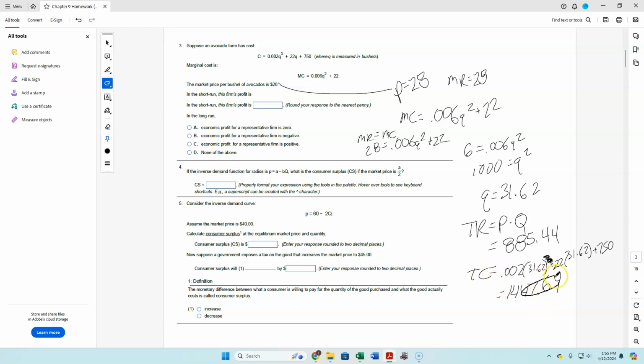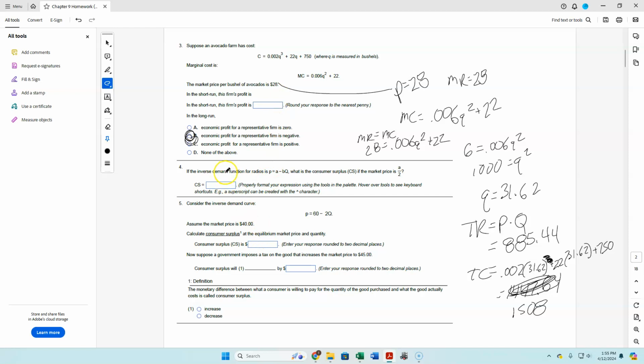Okay, sorry, that changes the number a little bit. 1508. And then just to confirm here, yeah, I have a negative profit. You might get a slightly different result depending on what they gave you as a market price.